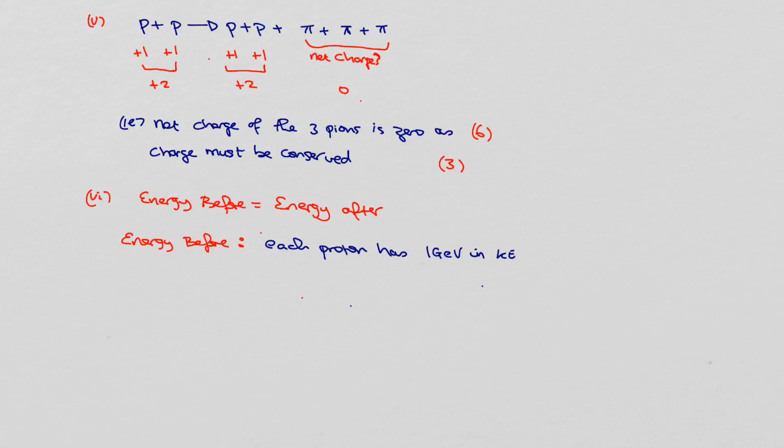So therefore the energy beforehand is going to be equal to 2 giga electron volts. And of course giga, if we go to our maths tables, is going to be 10 to the power of 9, which is page 45 in your maths tables.